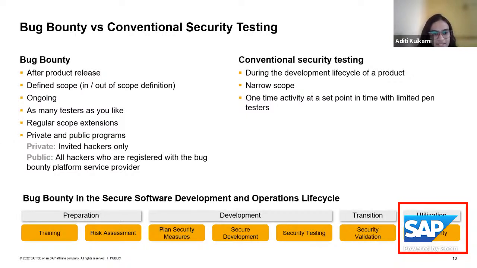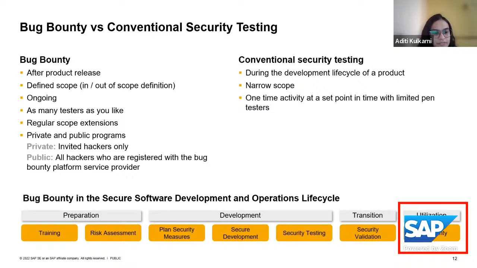And there can be any number of testers as we like, because unlike internal employees, where certain experts are hired but there's a limitation of how many, when we have bug bounty, service providers have many testers, many hackers who have registered on the platform. So we can leverage as many hackers as we would like in the programs.